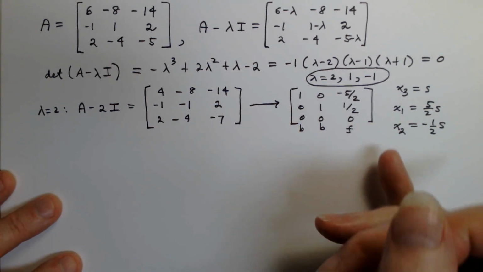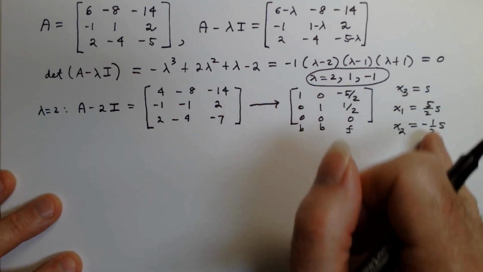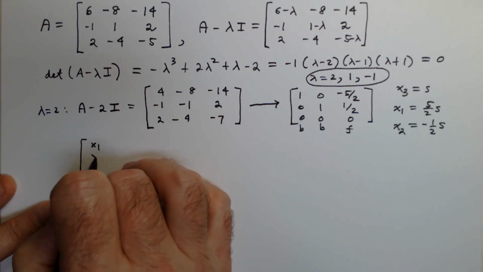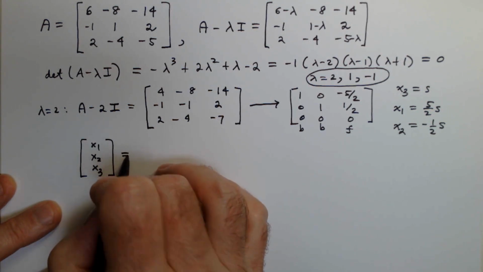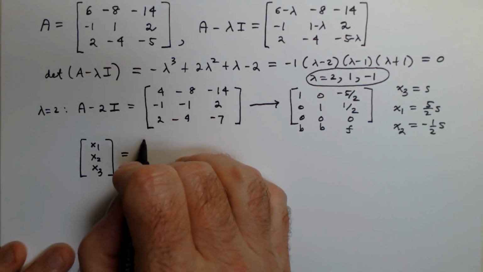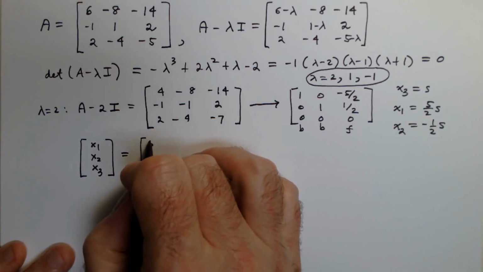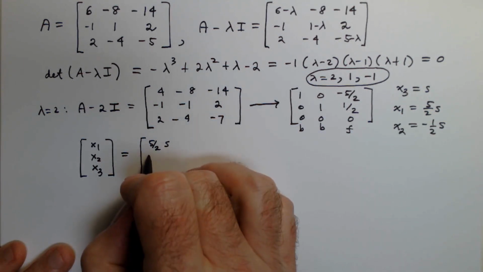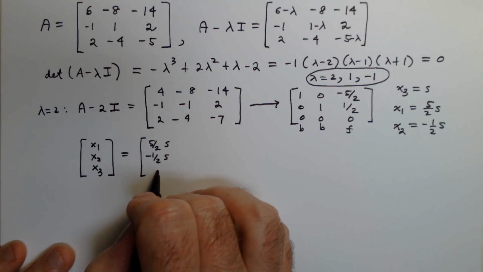So any solution to the homogeneous equation is going to have the form x1, x2, x3 is equal to 5 halves s, negative 1 half s, and s.